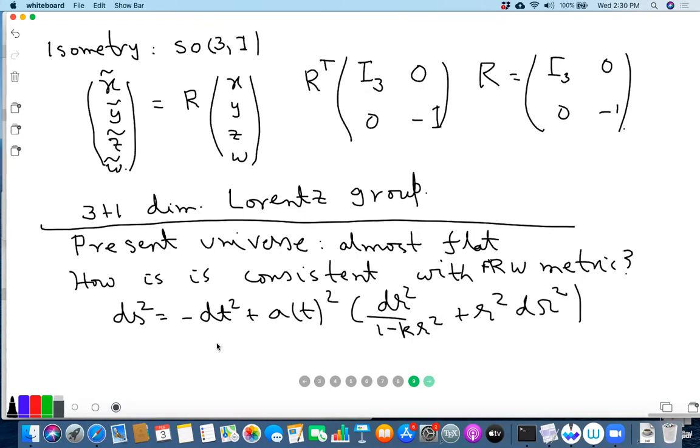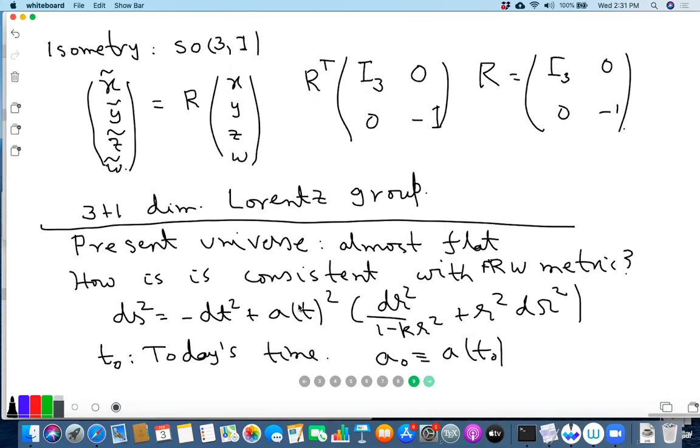So now I'll introduce some notation again. t naught is today's time. Let's define a naught as a of t naught. a is called the scale factor, so a naught is the value of the scale factor today. In that case, we can rewrite this.